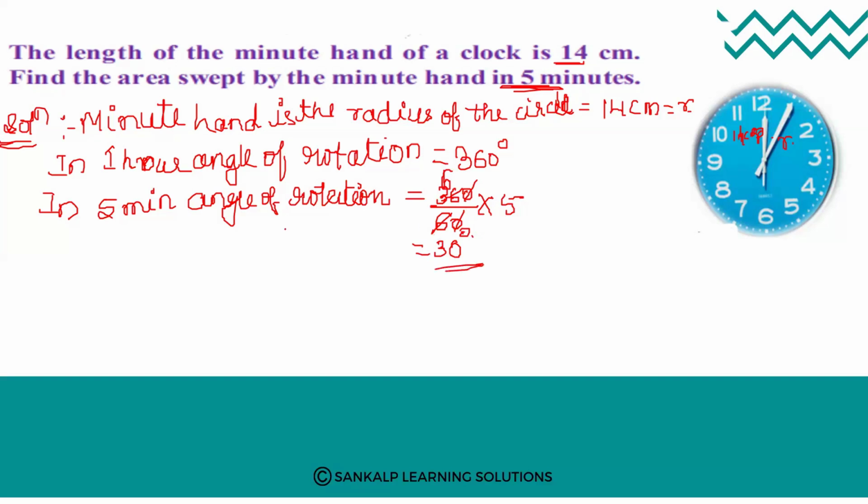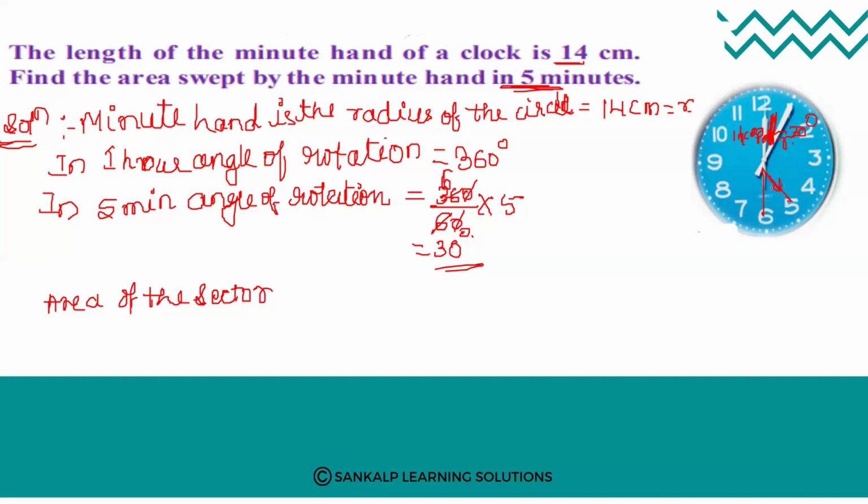Okay. Now, what we want is the area swept by the minute hand in 5 minutes. That means the area of the sector. See, this is one radius and this is another radius, so this part is a sector, right? Here it makes an angle theta, that is 30 degree. This is the minute hand, this is the hour hand.